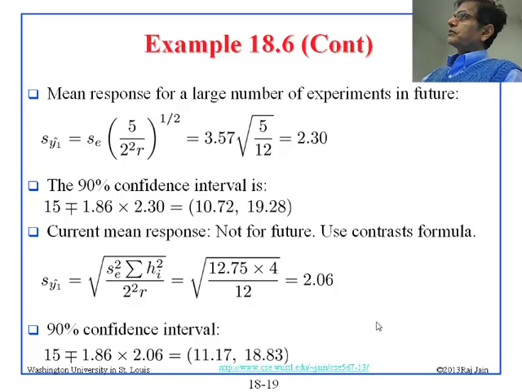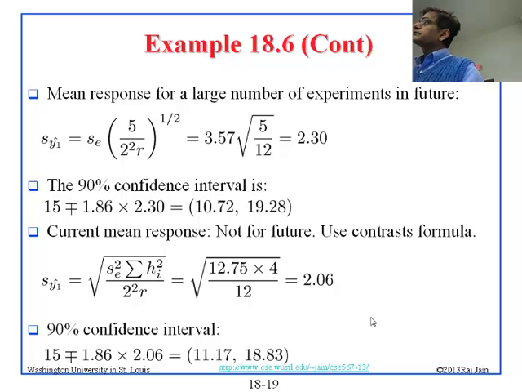So for that, the HIs will become equal to 4. Some of these HI squares, 1 square plus 1 square plus 1 square plus 1 square, 4 times. And then you get the standard deviation using the contrast formula, and you get the confidence interval for the current mean for that row.